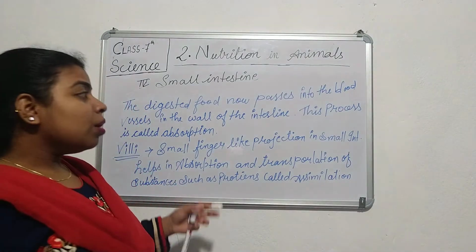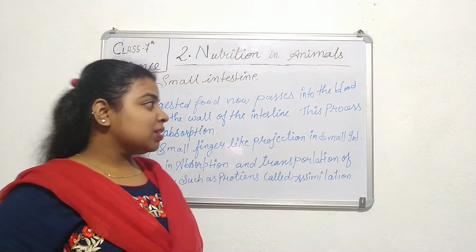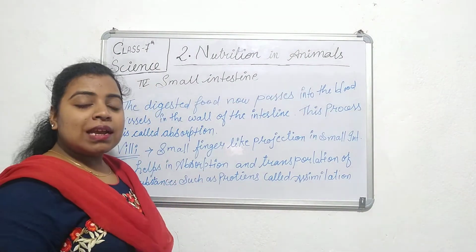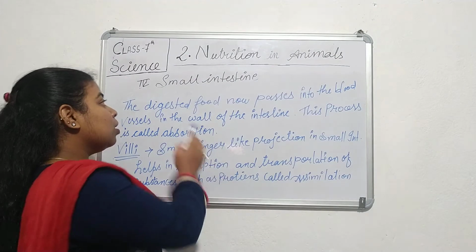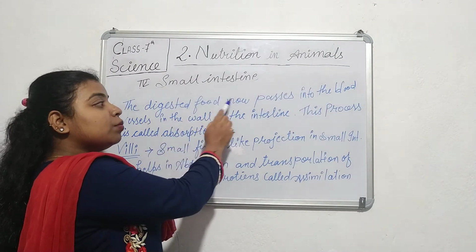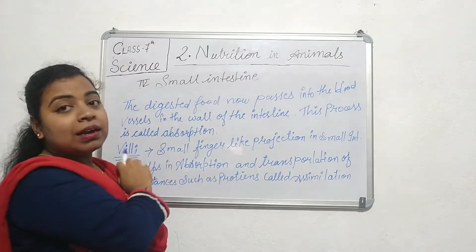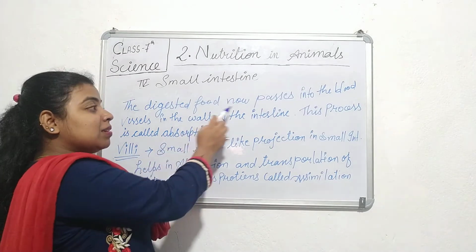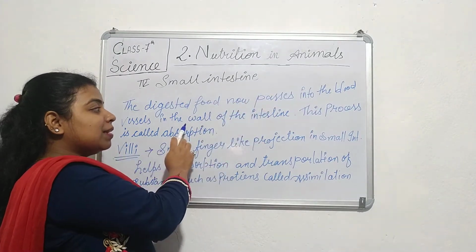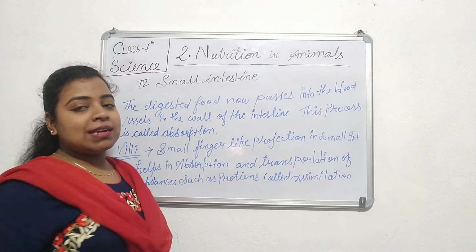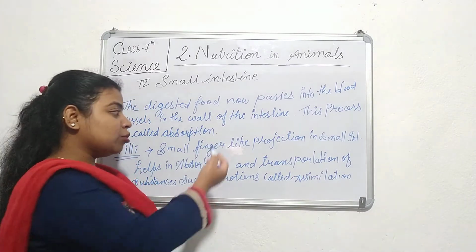So when the food is digested in the small intestine, what happens? The digested food passes into the blood vessels in the wall of the intestine, and that process is called absorption.